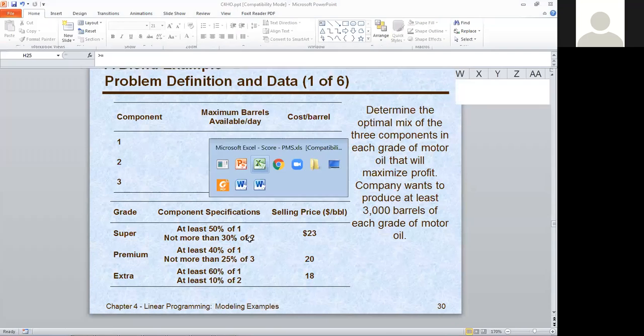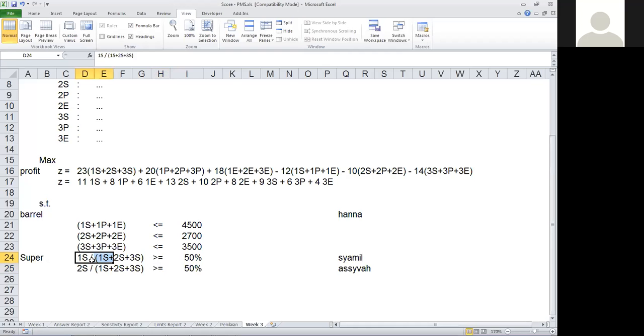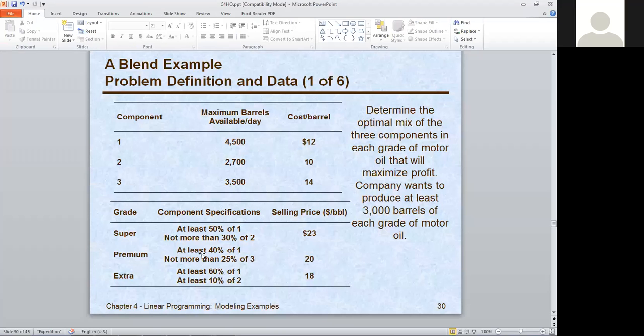I don't know, Mister. Not more than 30% of 2. Come on. It will be similar to this. That's why I just copy this one, and which one do I need to change? Change to 2p. Wait. No more than 30% of 2. We still talk about super.